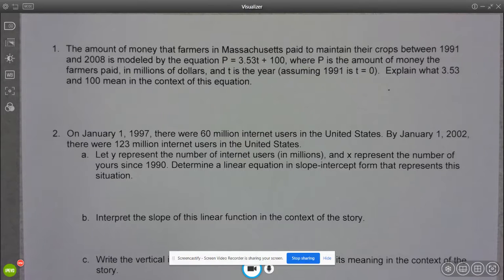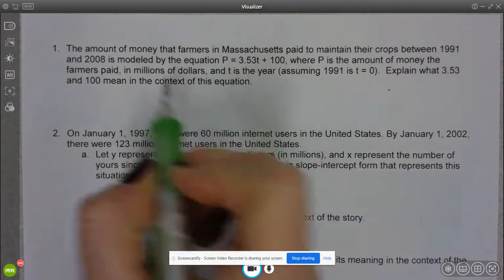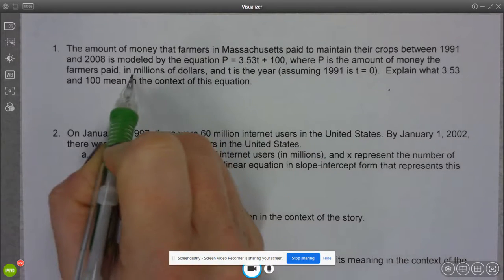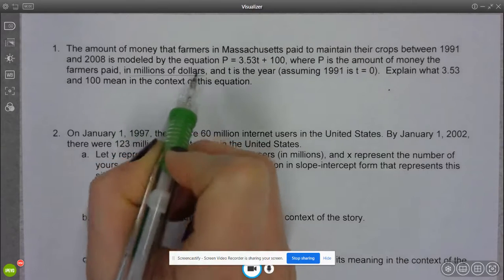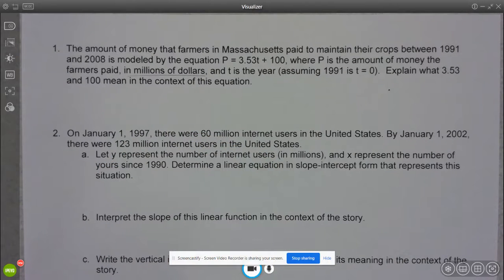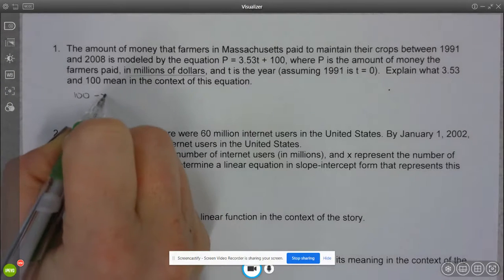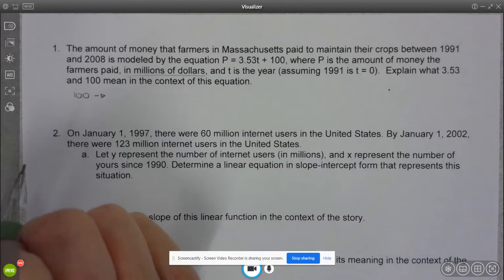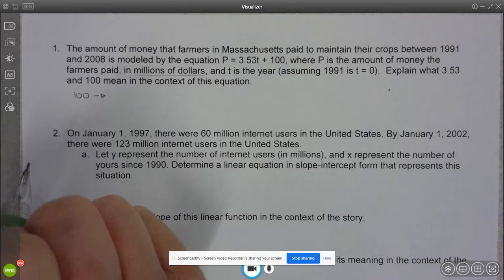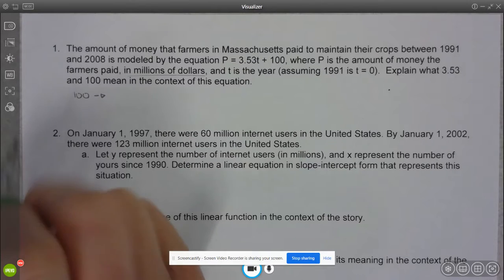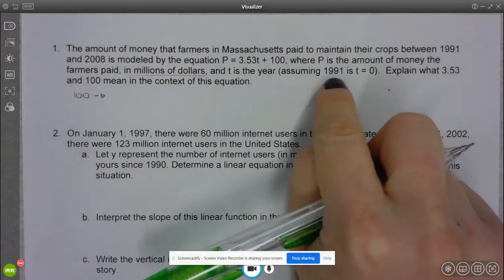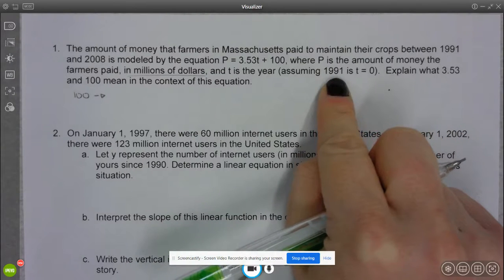So let's start with the 100. One thing to notice is that P is in millions of dollars. So that means that the 100, since that's my y-intercept, would represent time 0. So that represents 1991.